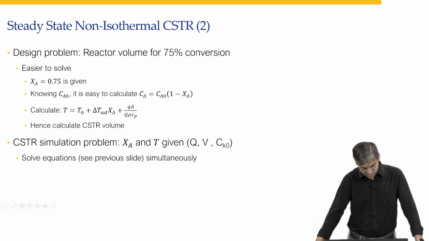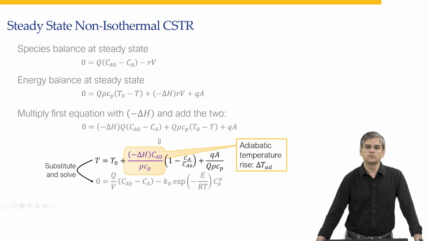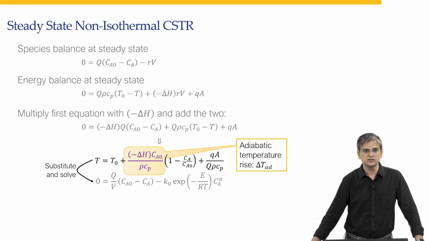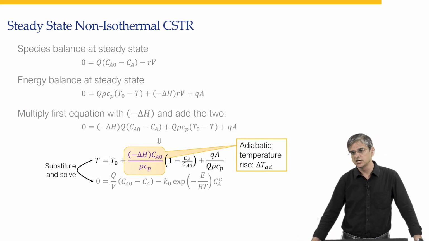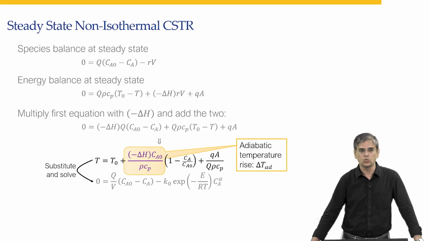So, this is the kind of equation that is there. If it is a problem of simulation, that means you are given the volume of the reactor, the inlet flow rate, and the inlet conditions, okay, and you are supposed to find out what the conversion and temperature are going to be.